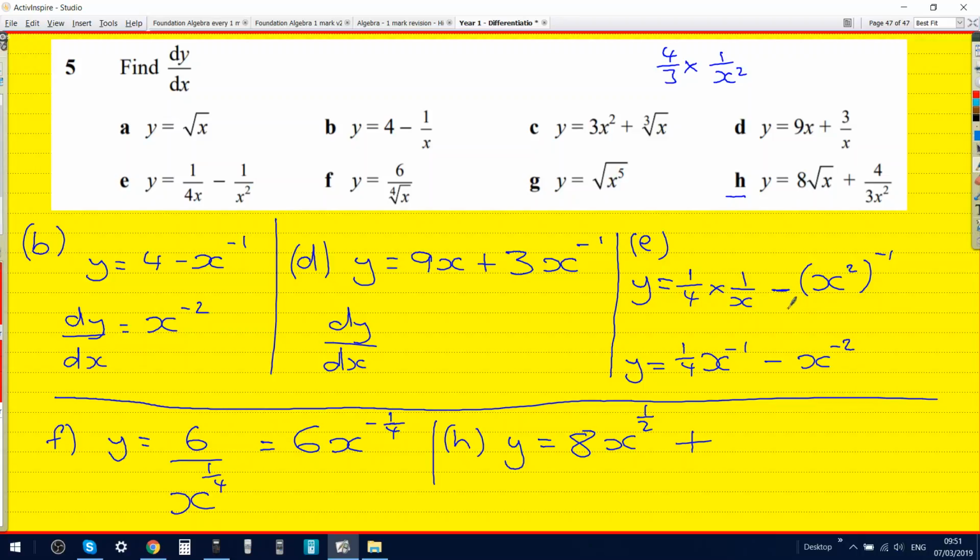Right. And so you're always changing the x bit. Is x to the minus 2. Yeah. Well done. And then you just differentiate it as normal.